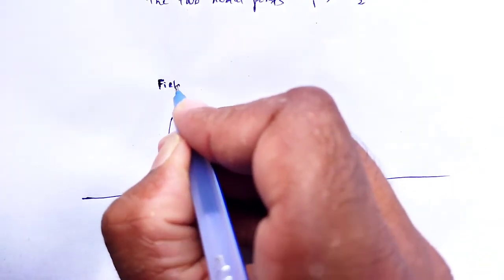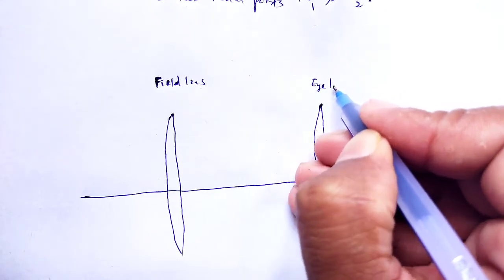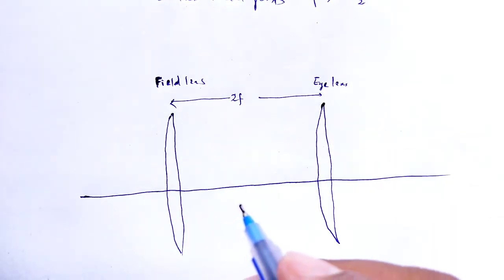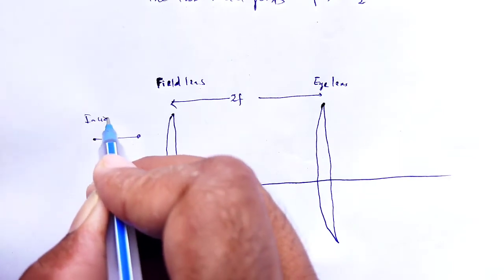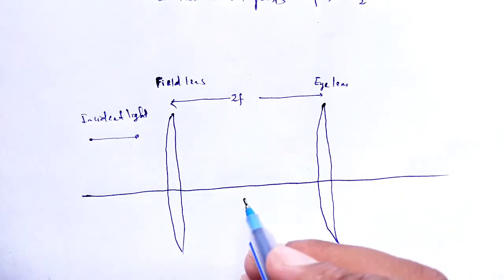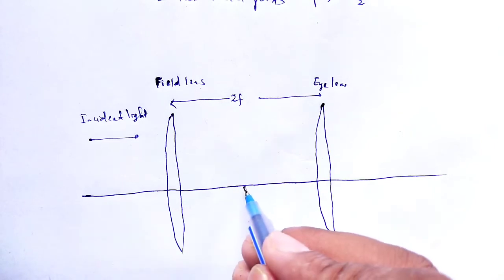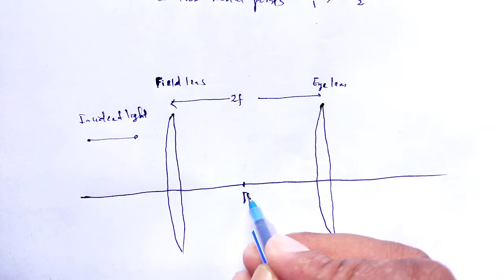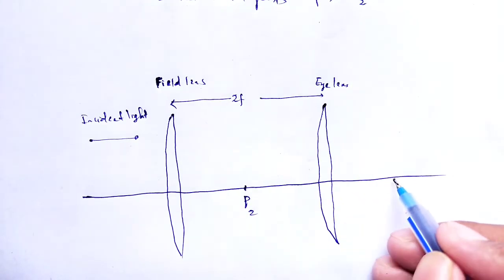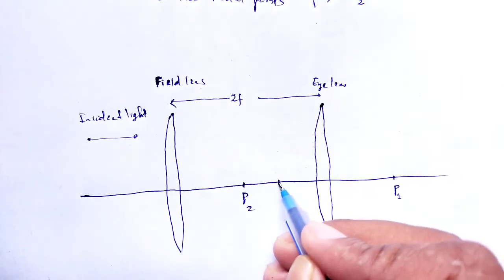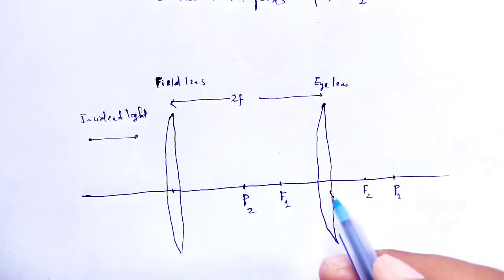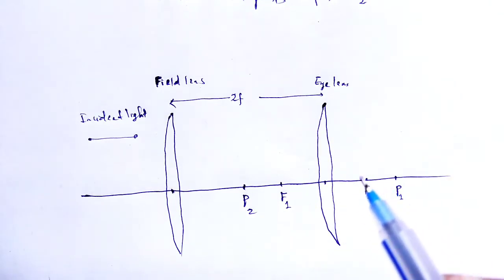That is the field length, that is the eye length, the distance between field length and eye length is 2f, that is the incident light, that is the principal point P2, here is the principal point P1, the first focal point, and this one is the second focal point, from that of the lens.